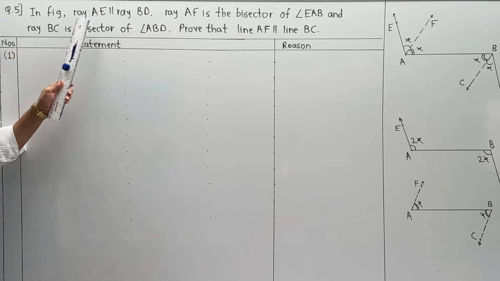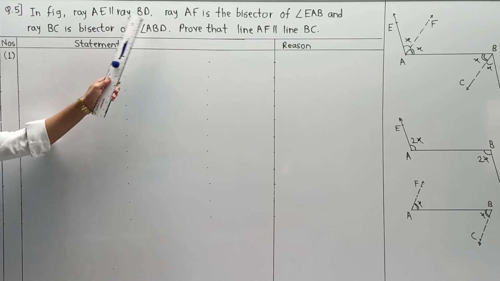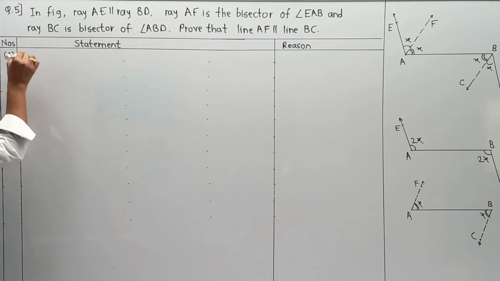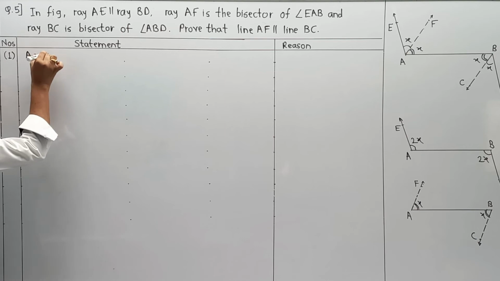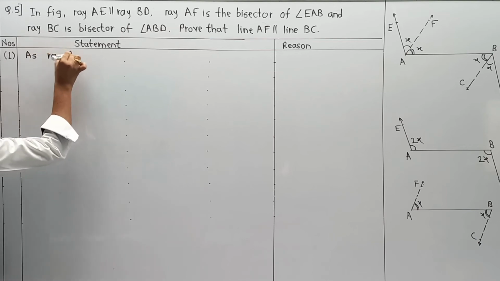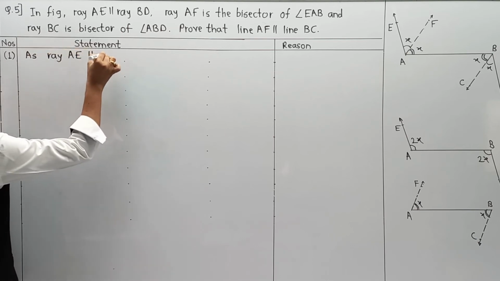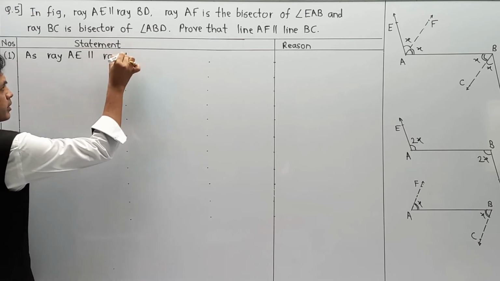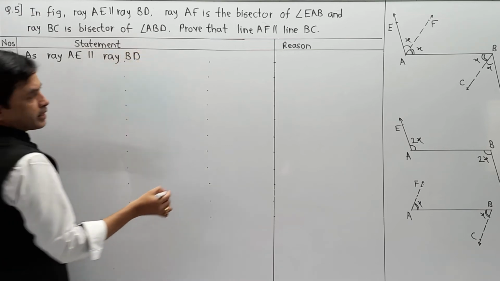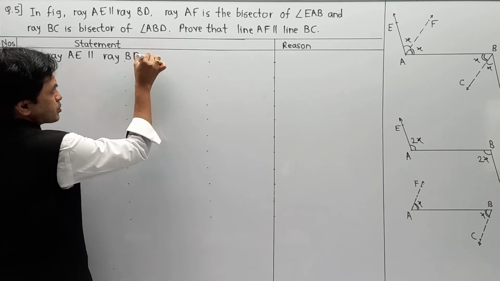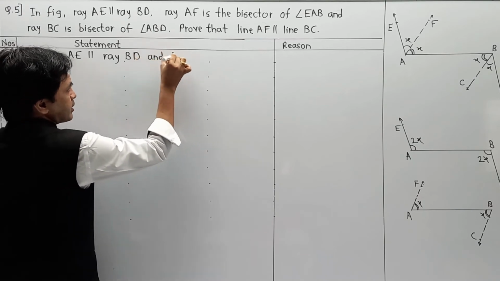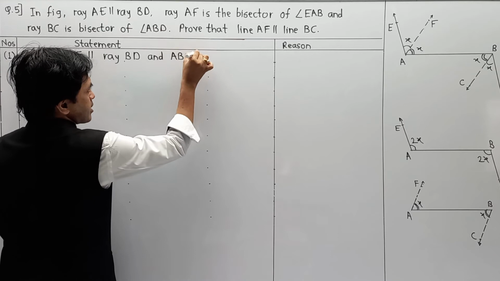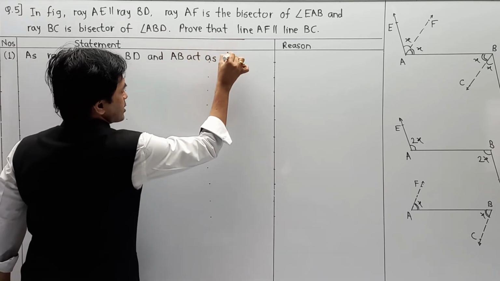Starting from their first part, AE parallel to BD, we begin with the same: ray AE is parallel to ray BD, and AB acts as a transversal.